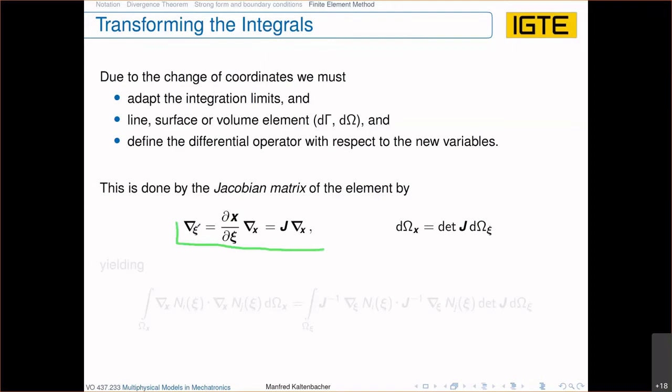And that's important because we have basis functions which are now functions of the local coordinates psi, eta, and in 3D you will also have zeta.